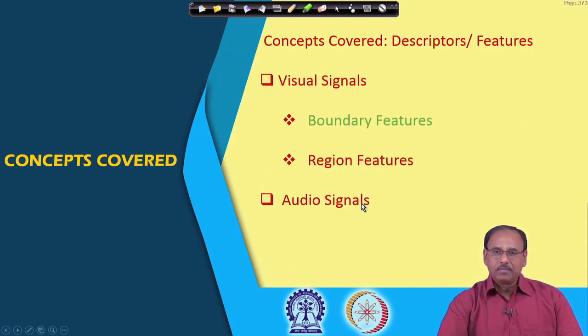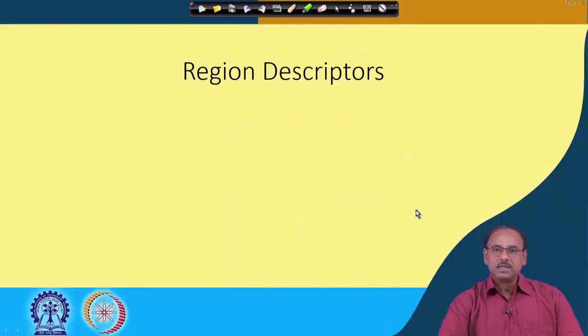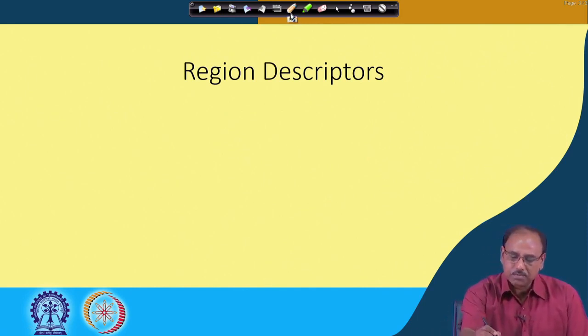So, I also need to understand how we can extract the discriminating features or descriptors from audio signals, using which I can have different applications like speaker identification, speech to text conversion and so on. Firstly, I will talk about the region descriptors, how we can obtain them.